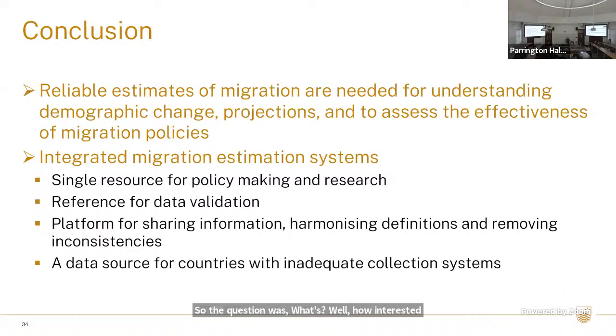So the question was, how interested are countries, even international organizations, in estimates of emigration, people leaving, versus immigration? The reality is countries are really only interested in controlling flows of foreigners. That's the legal aspect of it. That's where you get the best data. They're not that interested in returning nationals. They do care, but they don't put data systems behind it.